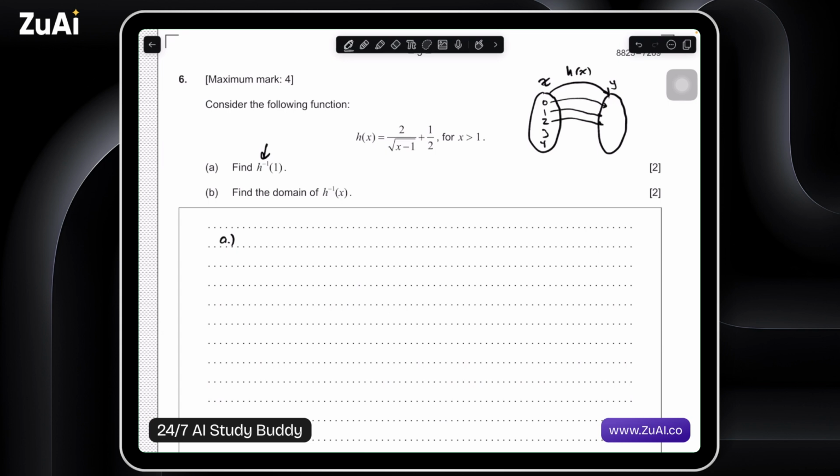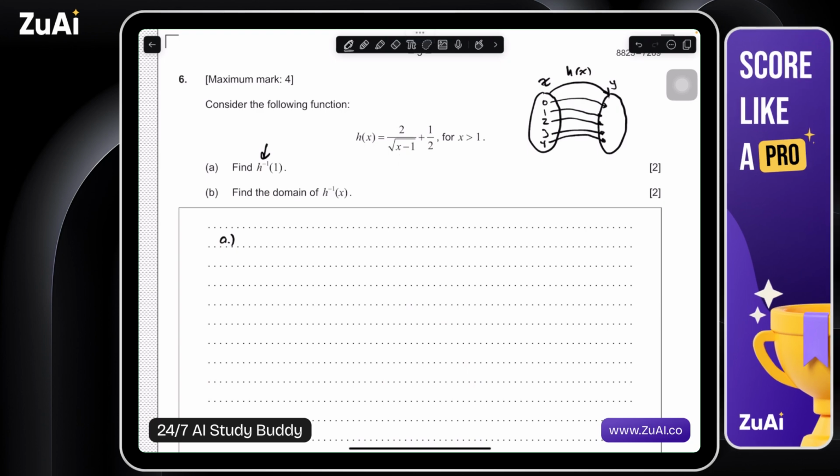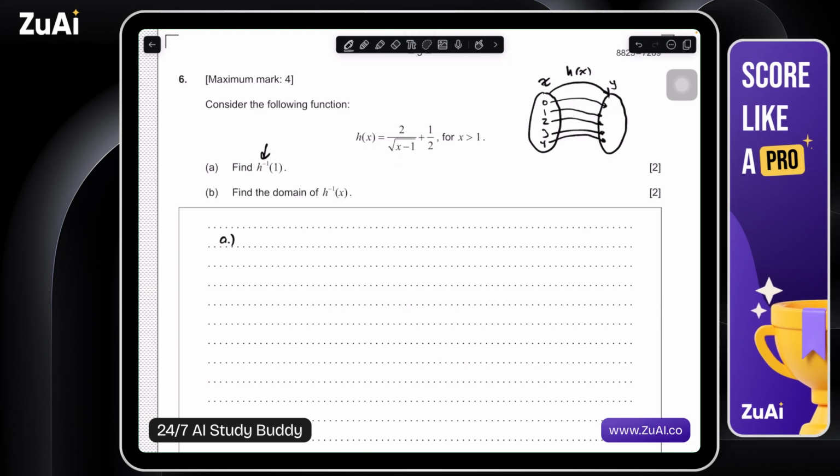If we feed in 0, we might not actually get an output. But if we feed in a value of, let's say, 4, we will get a value. Or feed in a value of 2, for example, and out comes 2.5.